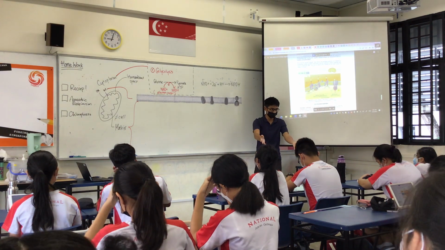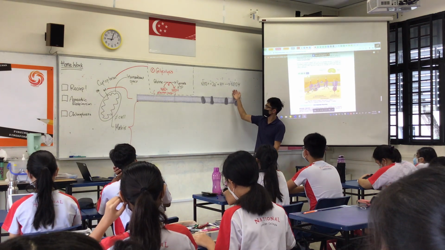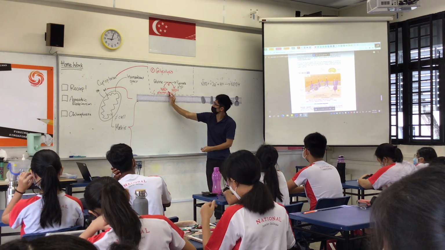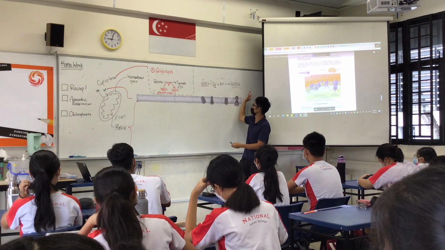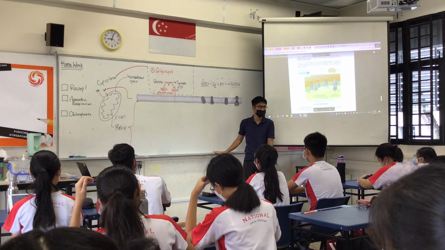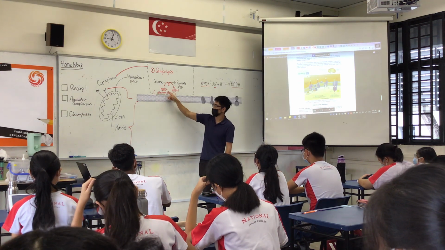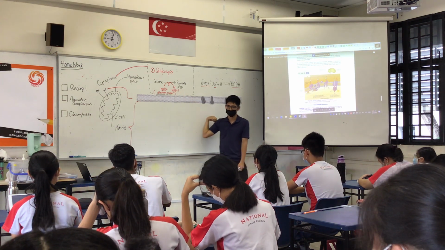But you do not need to. This is not chemistry. For bio, you just need to know that NAD plus can carry electrons, and when it carries them, it will be NADH.